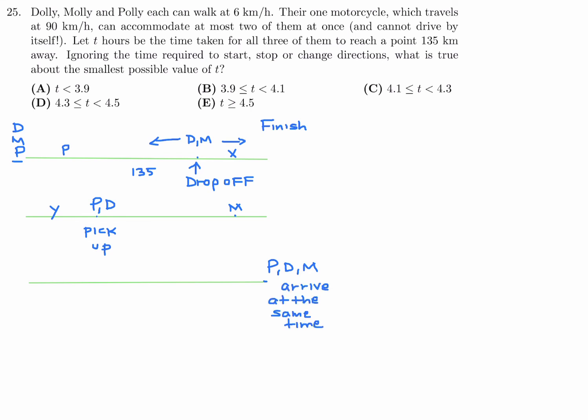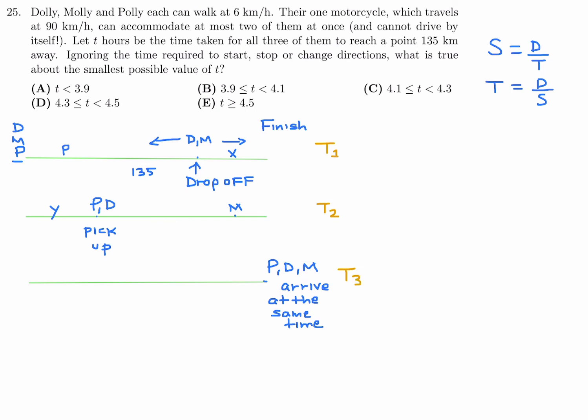So let's figure this out. And we're going to use, of course, that formula, speed is equal to distance over time, and any variation of this formula, such as time is equal to distance over speed. Let's call this first scenario T1, and then this second scenario we'll call T2, and then this final scenario we'll call T3.